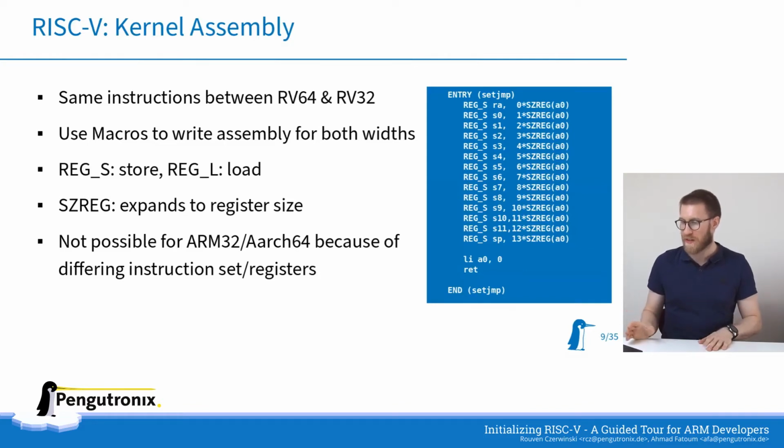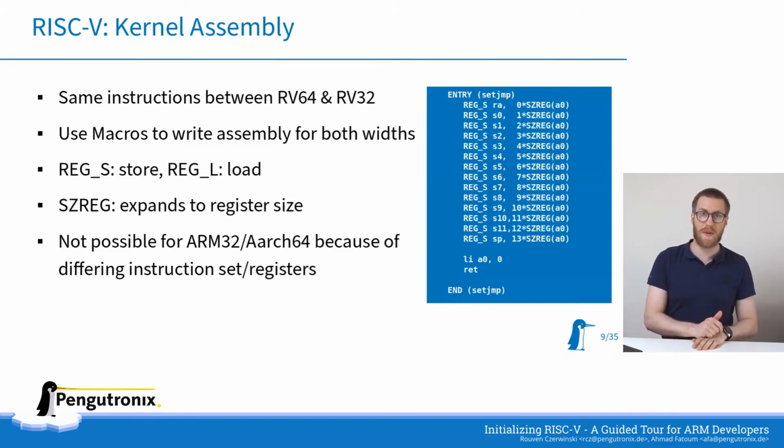And the SZREG macro expands to the register size for your architecture, or in the case of a 32-bit call within a 64-bit instruction set, you can also set it to 4 to force a 32-bit load into a 64-bit register. This is plainly not possible between ARM32 and ARM64, because of differing instruction sets and registers.